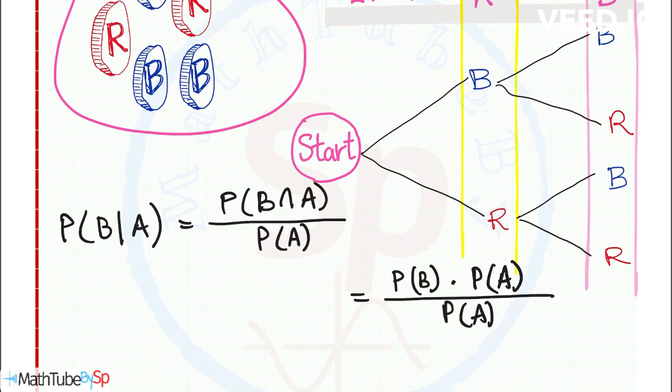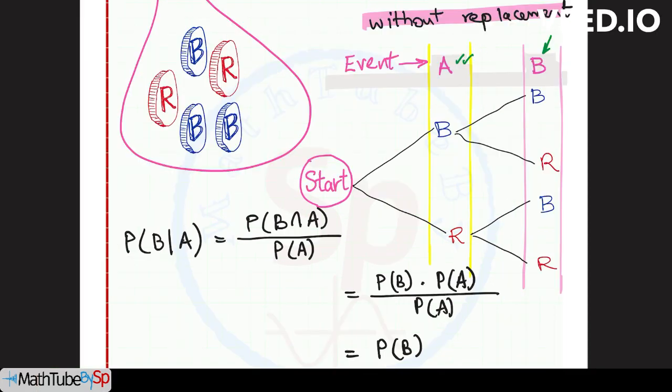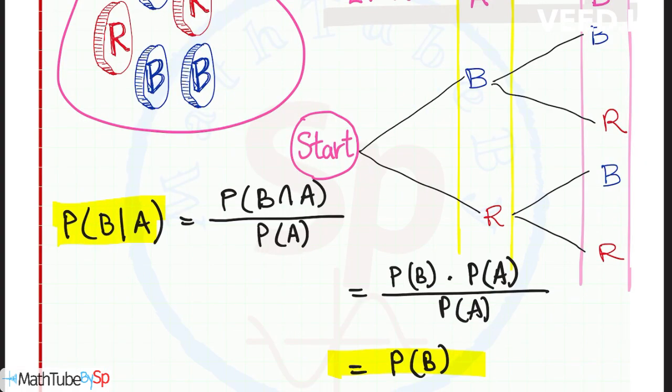Then the probability of A divided by A is 1, so we get the probability of B. What this indicates is that this is a case of an independent event where the probability of B, given that A has happened, will be equal to the probability of B. In that case, the probability of B intersection A is nothing but the probability of B times the probability of A. So that is the case of independent events.